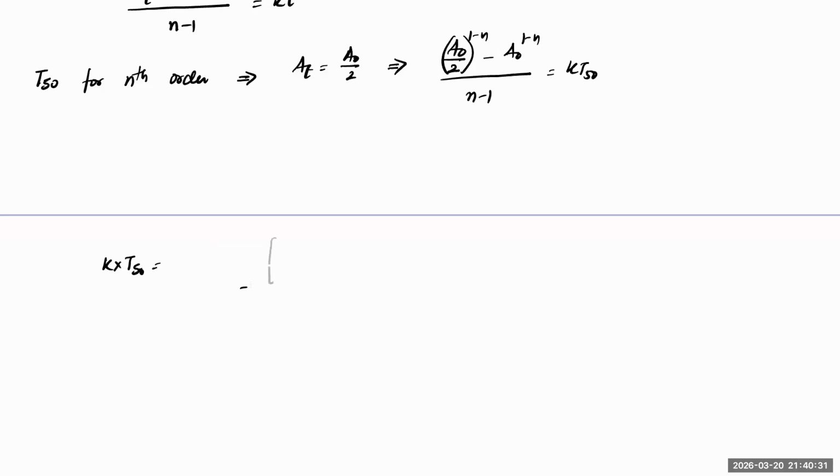Let me rewrite that. A naught raised to power of 1 minus n divided by n minus 1, that multiplied by (1 minus 2 raised to power of 1 minus n) by 2 raised to power of 1 minus n. Correct? So this is what you will have.